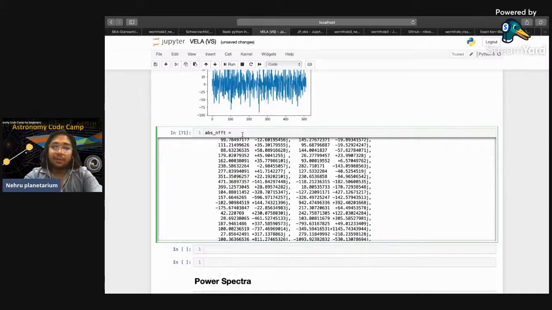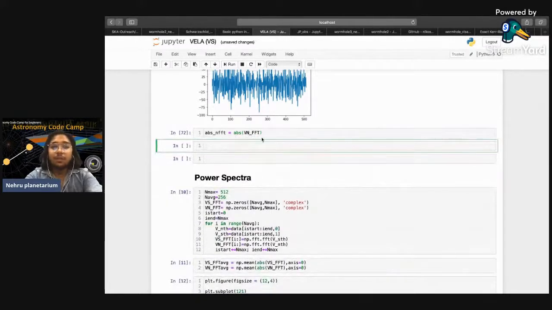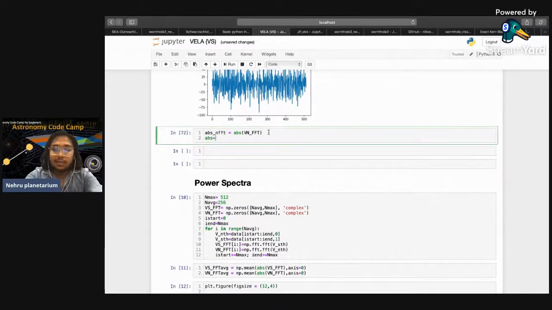But here we can use a very simple function, which is abs. abs is the inbuilt function of Python as well, which can give the absolute value. So we just simply need to use this for vn_fft, and it will give me the absolute value of the north pole data. Similarly, if I want the south, I take the absolute of vs_fft. It gives me the south pole. Now let's see how it's acting.